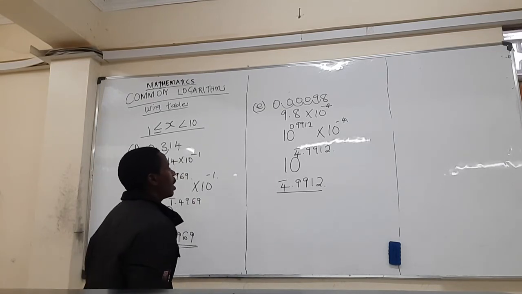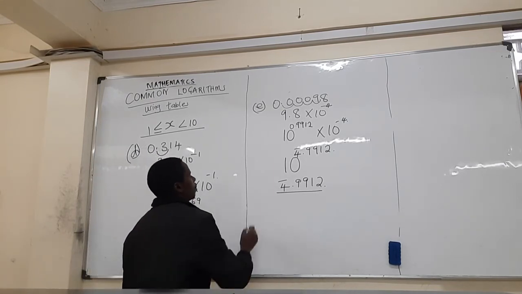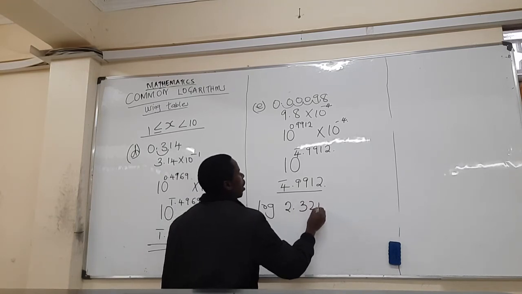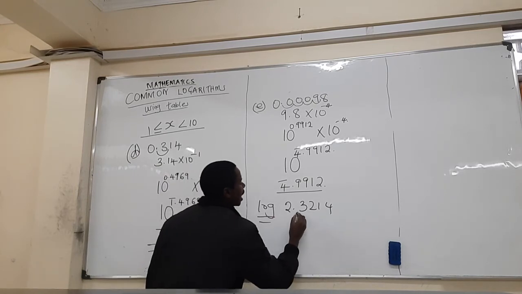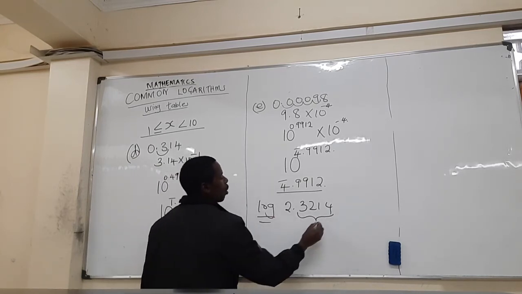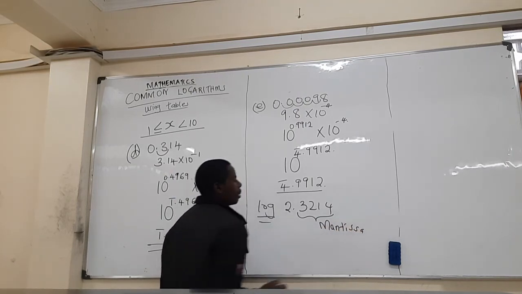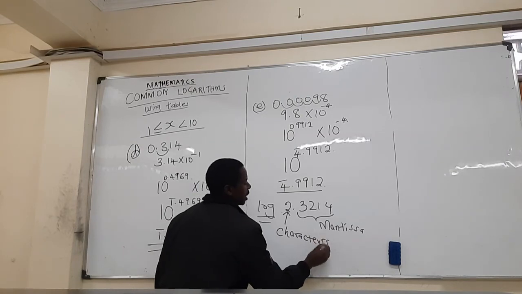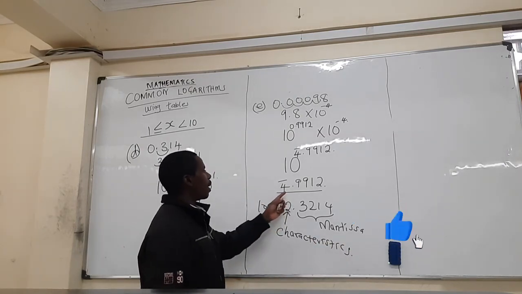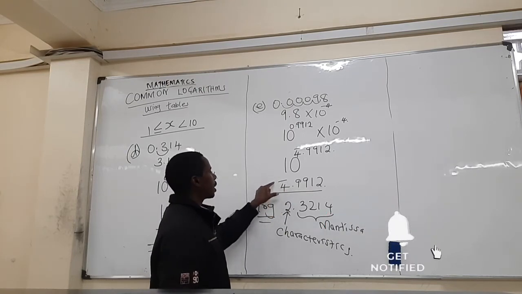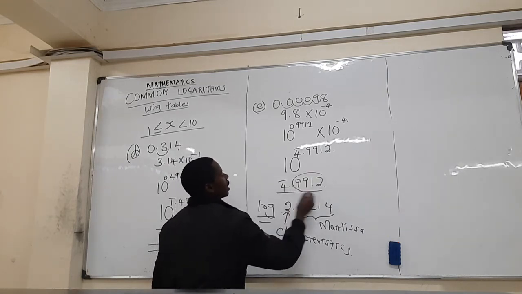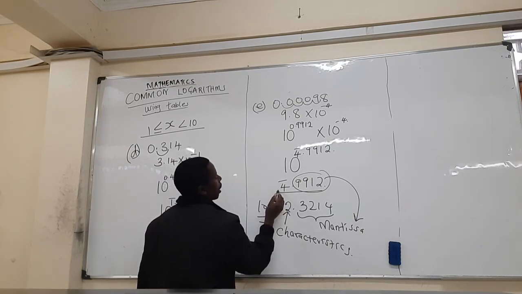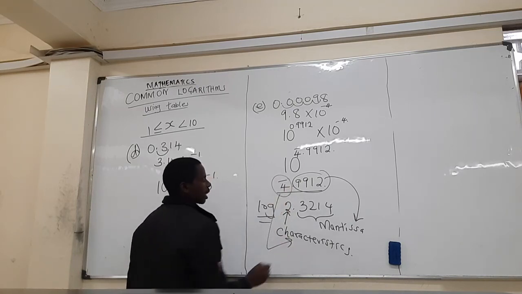Something we need to understand here: when we have the logarithm of a positive number, like 2.3 and so on, the decimal part here is called the mantissa, and the whole number part is called the characteristic. The same goes for a logarithm with a bar number, like bar 4.9912. This decimal part is the mantissa, and this minus 4, the whole number part, is the characteristic.